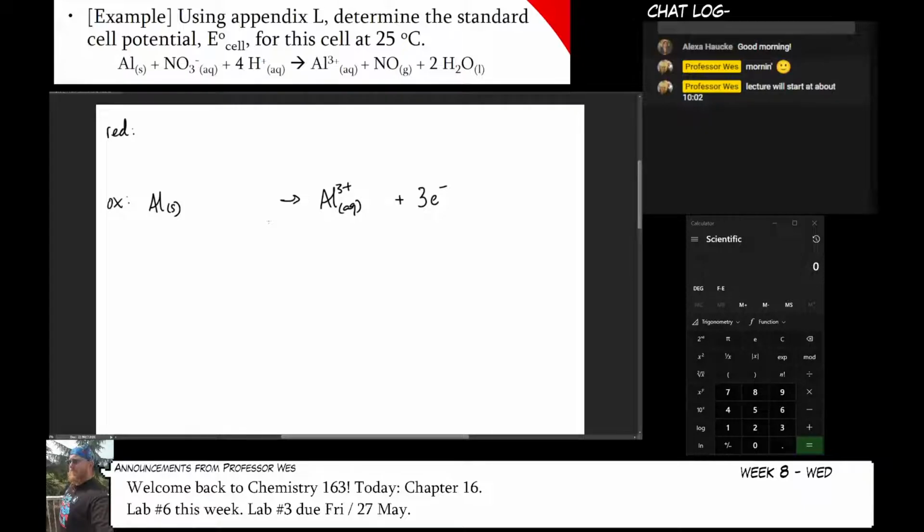Let's do the reduction. So that's got to be the nitrate, and 4H+, to make NO and 2 water. All right, how many electrons got moved in this process here?